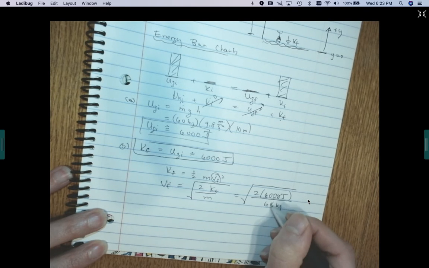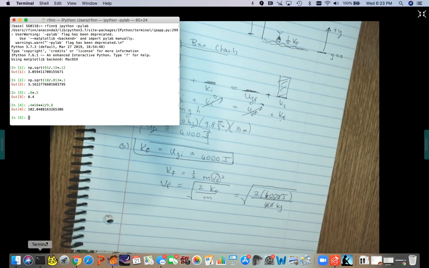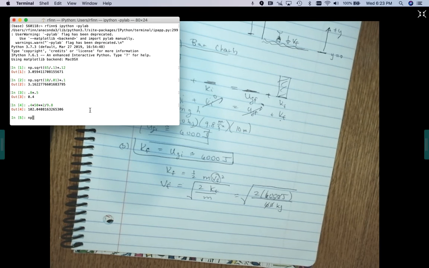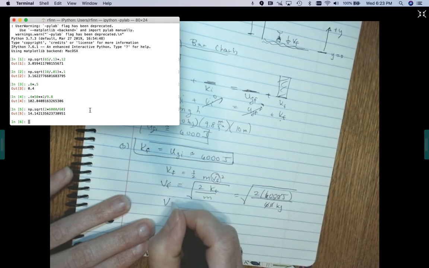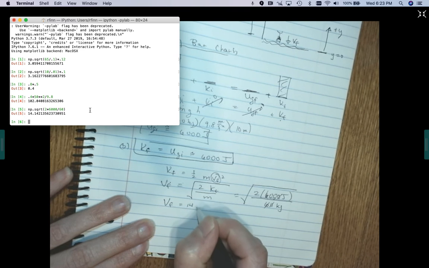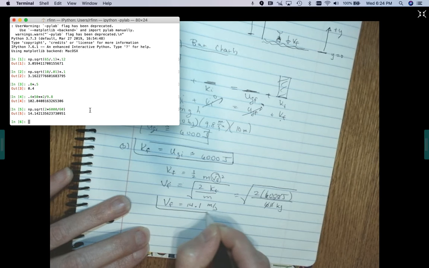That takes care of the 0, this takes care of the 6. So we have square root of 200, which I don't know off the top of my head. So let's just do it out here, the square root of 2 times 6,000 divided by 60. Ooh, that's pretty fast. 14.1 meters per second if we're just keeping 3 significant figures.